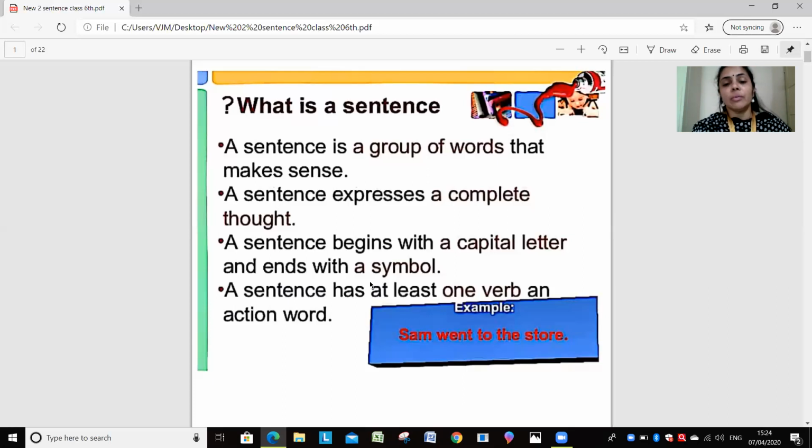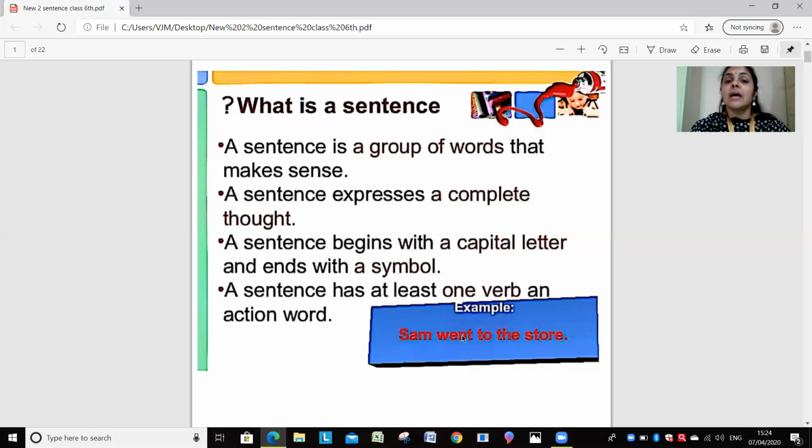So the example given over here is Sam went to the store, right? It's giving you a complete idea, a complete meaning. You don't have to ask more about it. Here it is beginning with a capital letter and it is ending with a symbol, that is a full stop or a period.